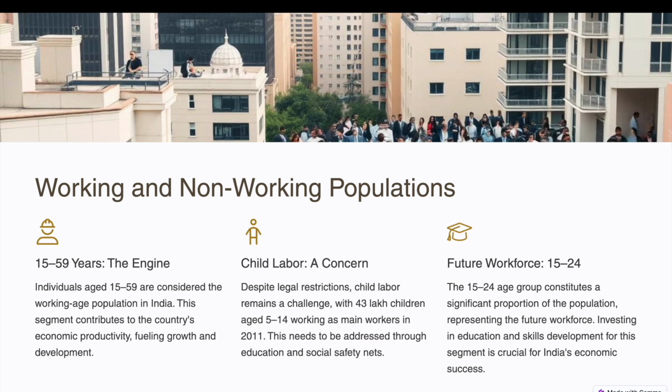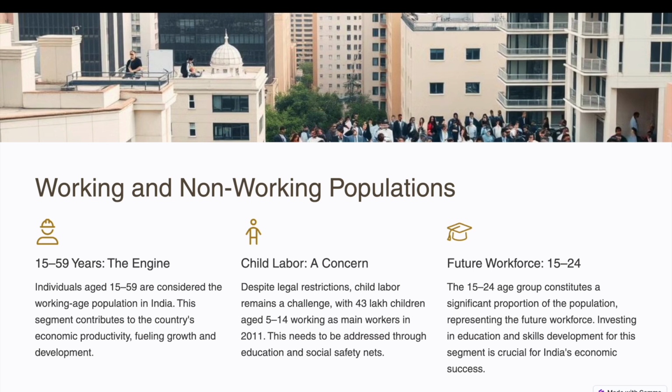Although child labor is illegal, around 43 lakh children aged 5 to 14 were still working in India in 2011, with more male workers than females. Child population aged 0 to 6 years. Special statistics on the 0 to 6 age group reveal a decline in this population over time.